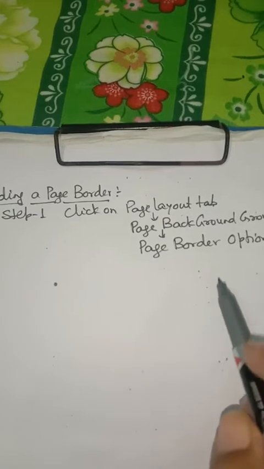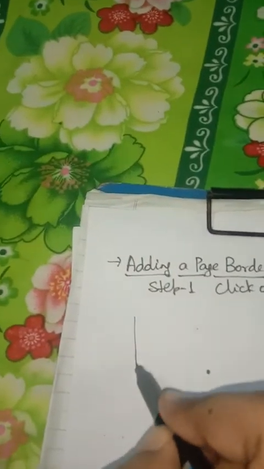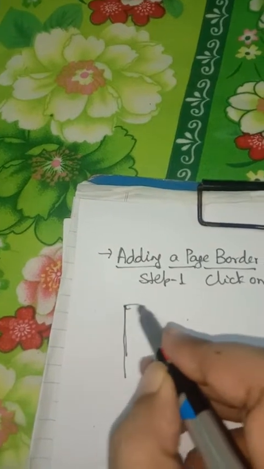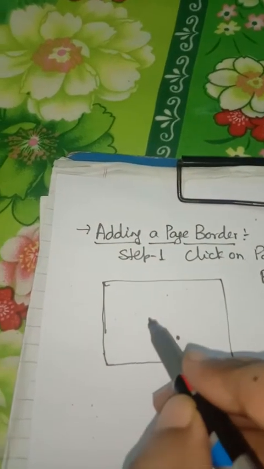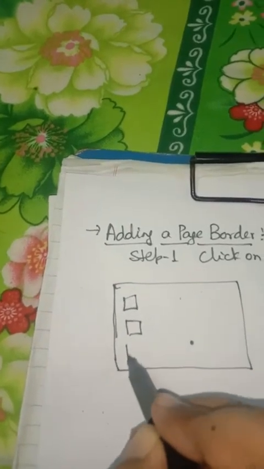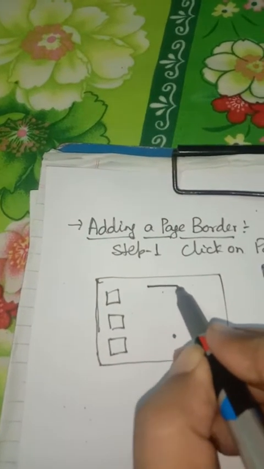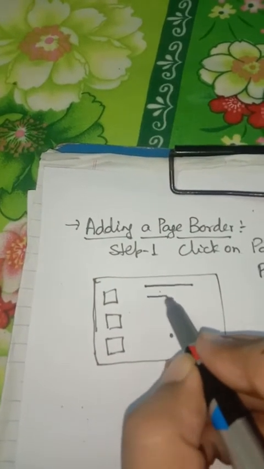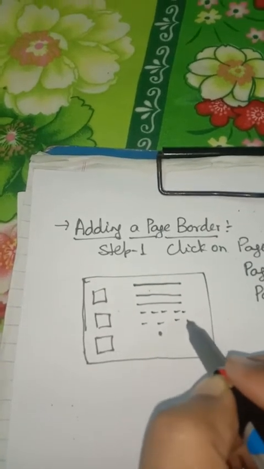The border and shading dialog box will appear. A window of the border and shading dialog box will appear before you. Here we will have different types of borders that are already predefined by default. We can also add a border according to our own choice, with the different types of widths and line styles that are available over here.